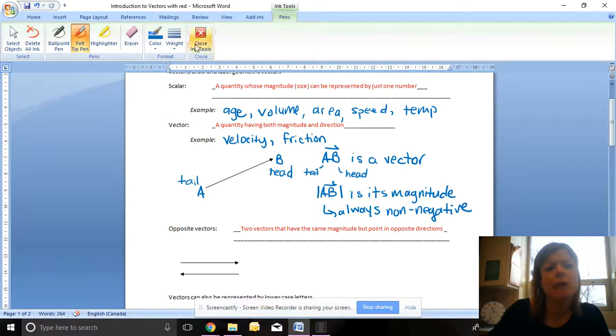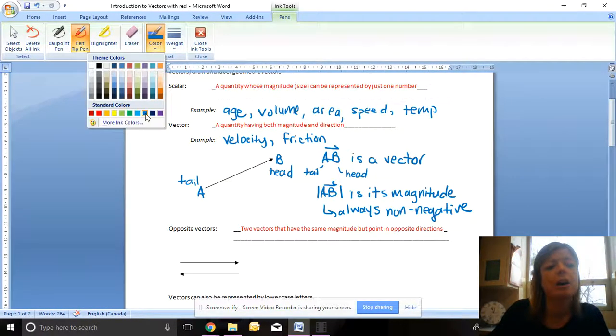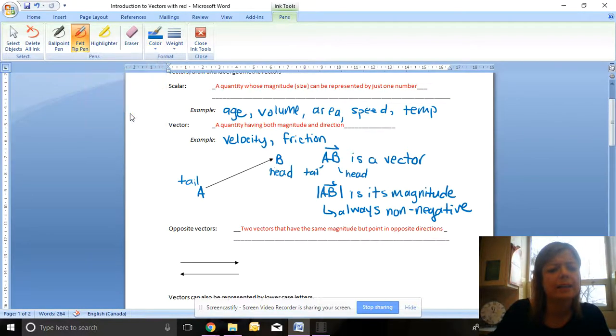Here is how this could be seen within a context. Let's say that 1 centimeter equals 100 kilometers per hour. If you measure this, it should be 4 centimeters long if it printed correctly. So you could say that vector AB can represent the velocity of a plane.